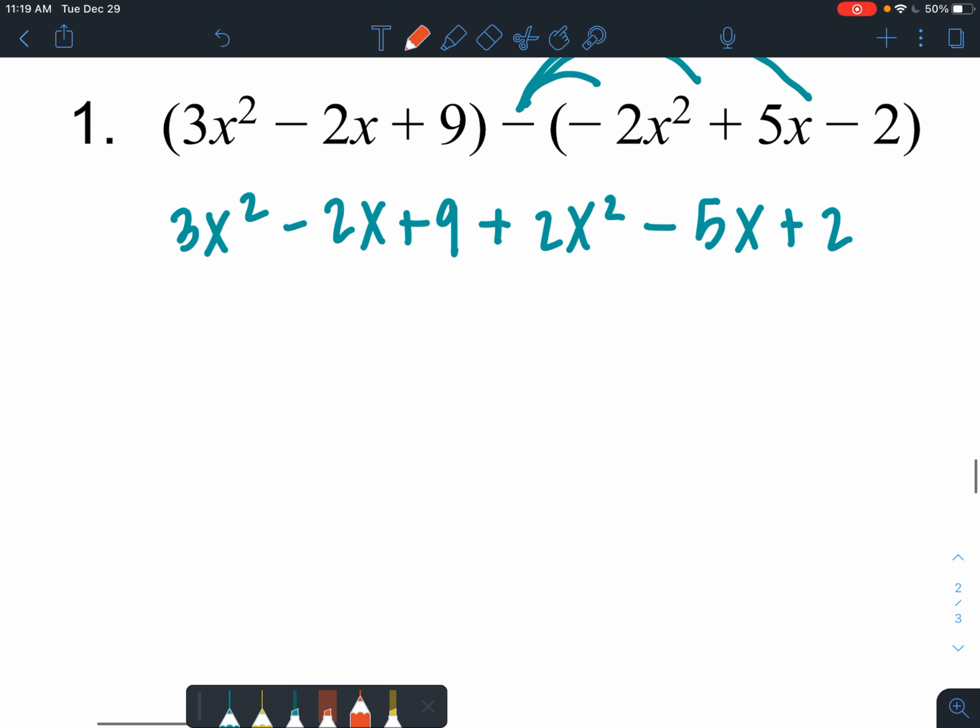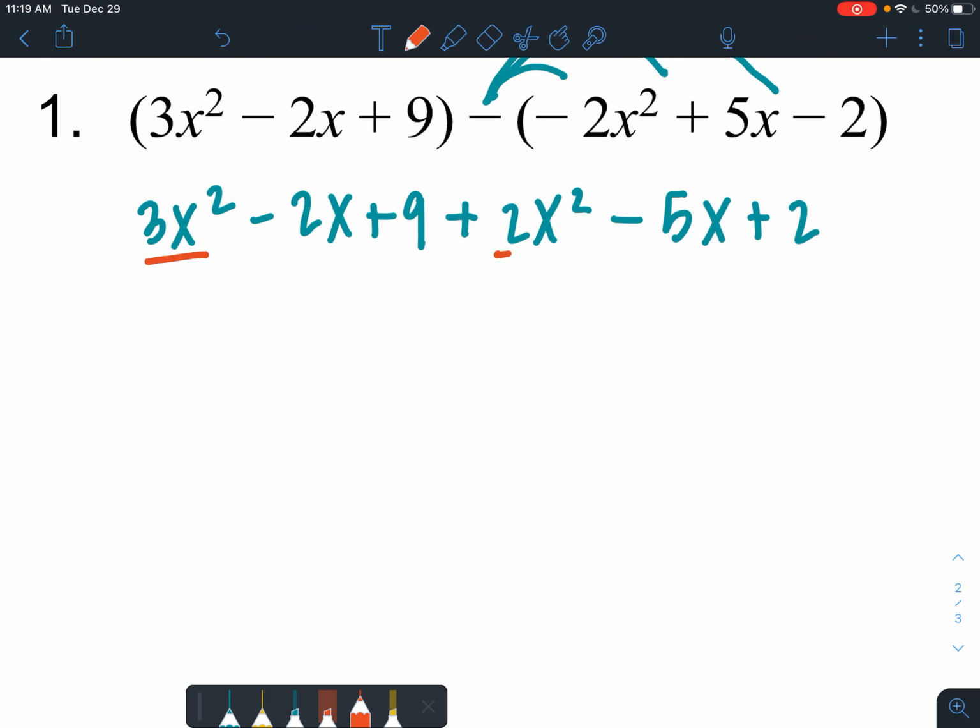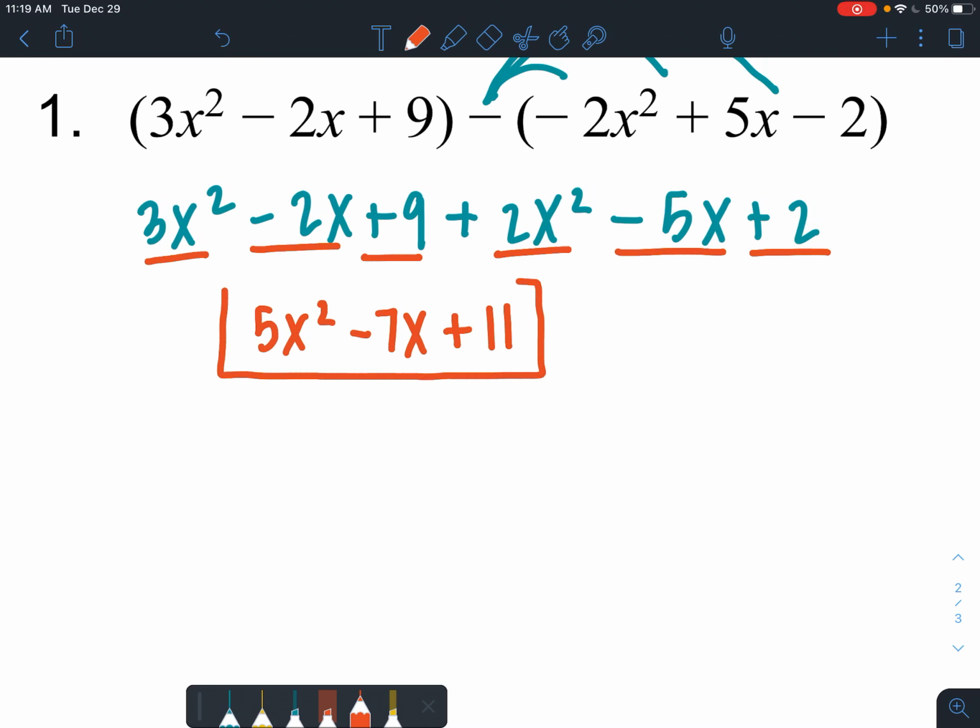We can just do it like this and then combine like terms. So 3x squared and 2x squared should give you 5x squared, negative 2x, negative 5x, it's negative 7x, and then 9 and 2 gives us 11, and it's already in standard form.